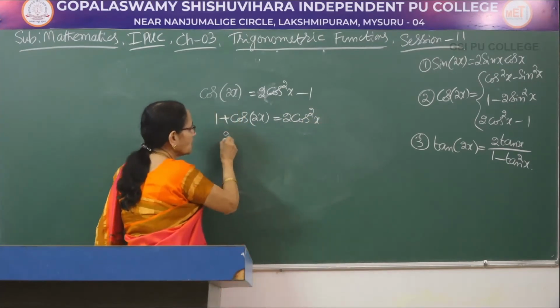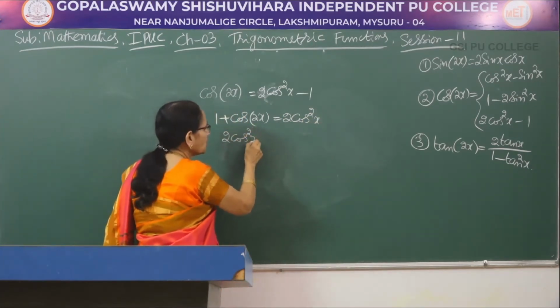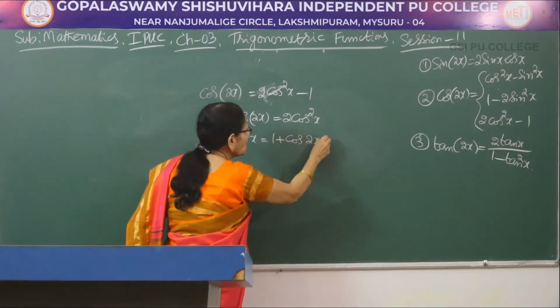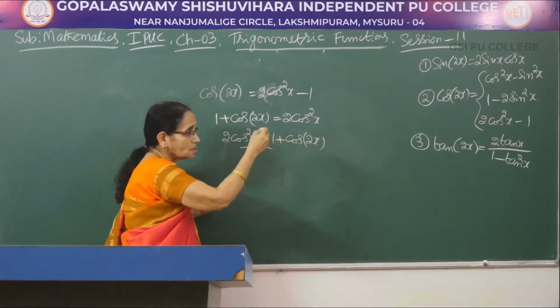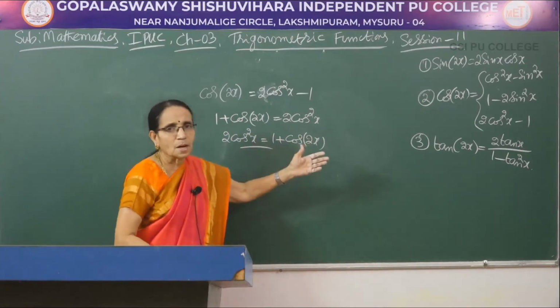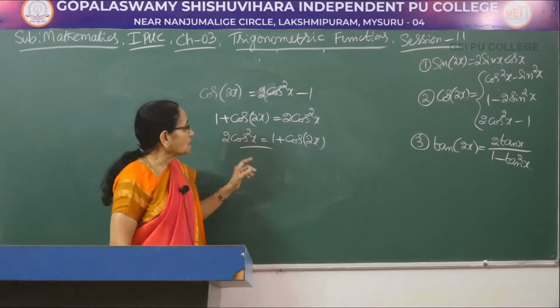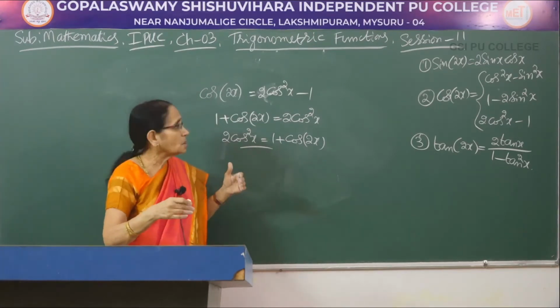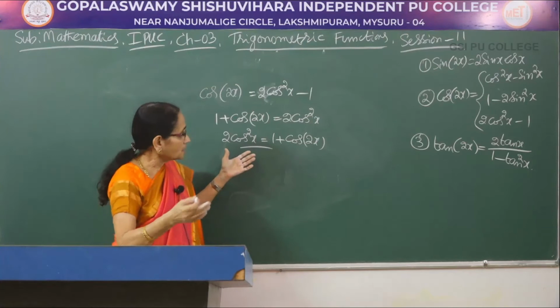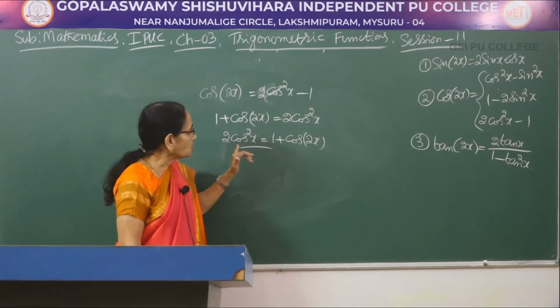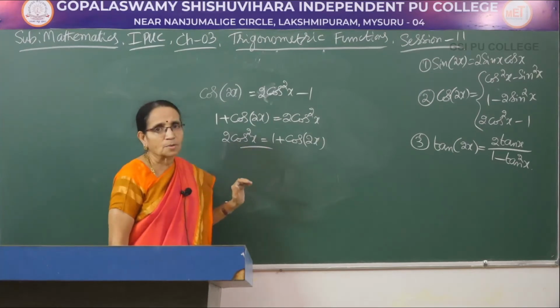Now, if you write like this, 2 cos square x would be equal to 1 plus cos of 2x. It is writing the same formula in another way. Why I am giving this formula is, sometimes when you consider the other branches of mathematics, you come across this 2 cos square x.